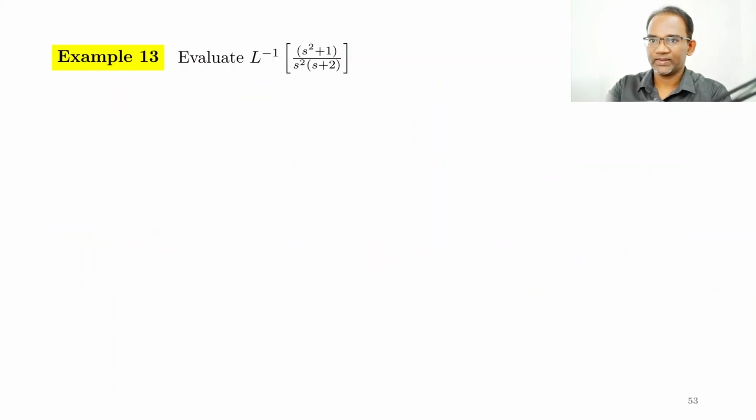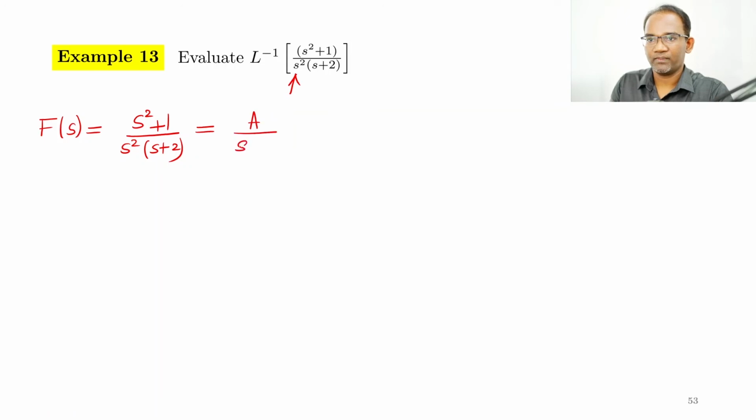To illustrate this, let us evaluate L inverse of (s squared plus 1) over s squared (s plus 2). So we see that here it is s squared. So F(s) can be written as (s squared plus 1) over s squared times (s plus 2), and this is A over (s plus 2) plus B over s, then C over s squared.